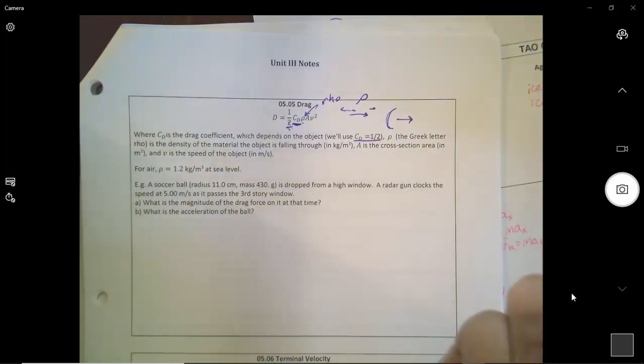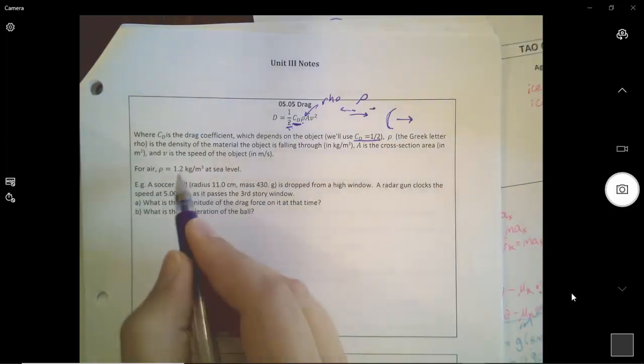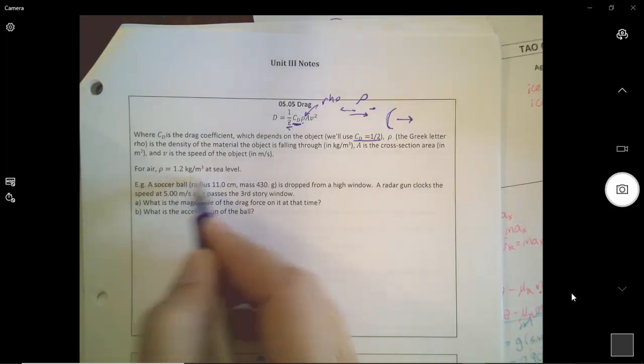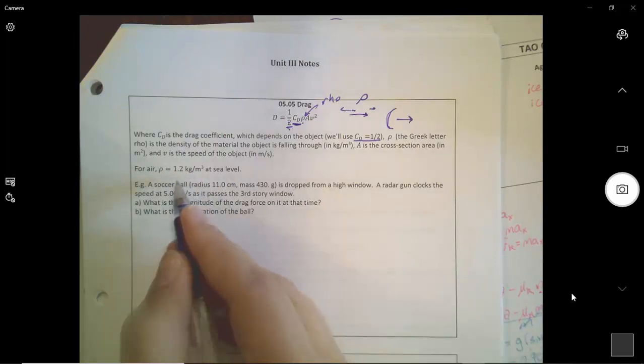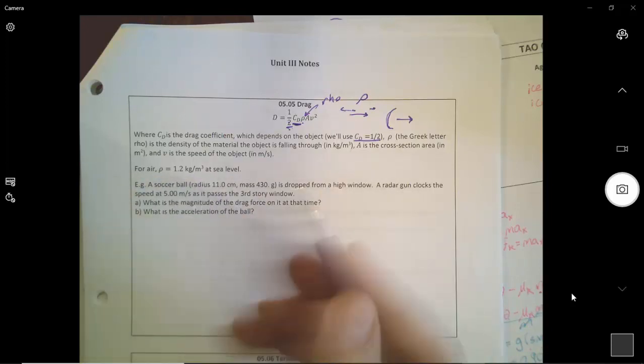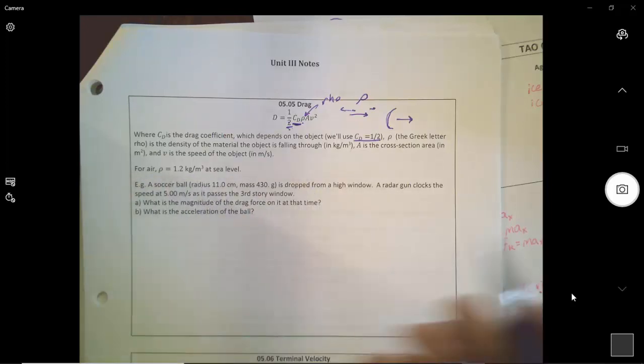Usually we're talking about air. Air has a density of 1.2 kilograms per meter cubed, 2 sig figs. Our book and Mastering Physics uses the 2 sig figs. If I give you 3 sig figs, it'll round to the wrong value, so we'll just use 1.2.